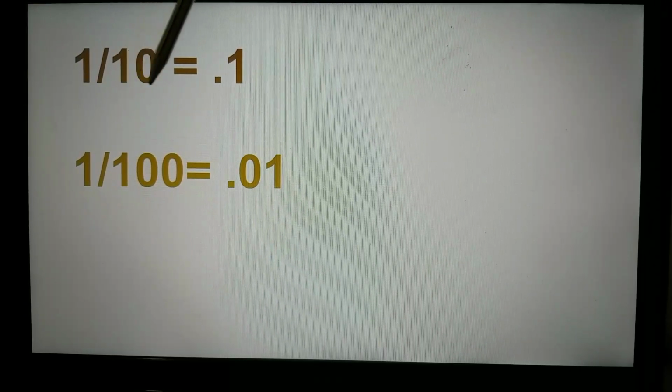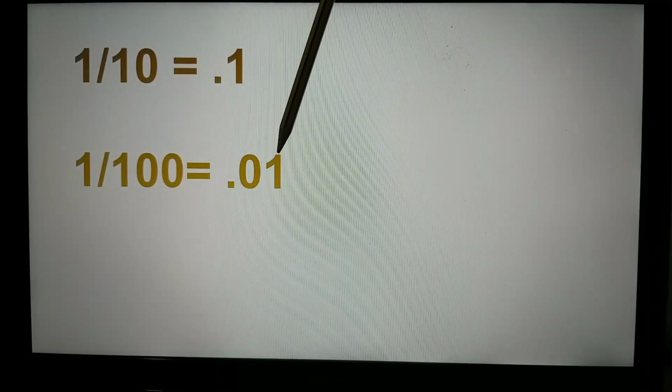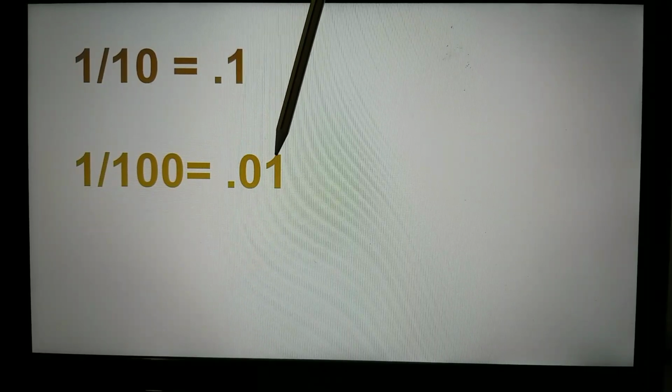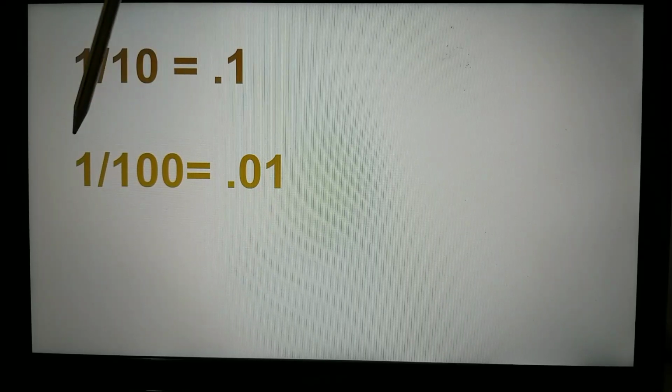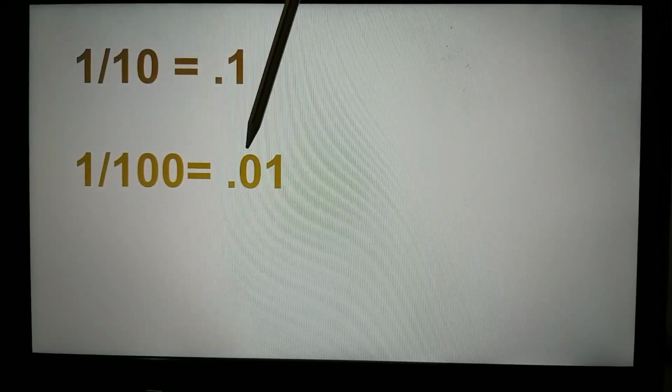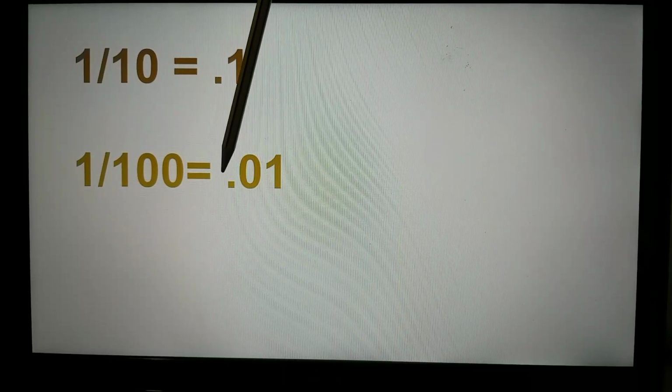In this one there were two zeros in the denominator, so we needed two digits in the numerator to put a decimal. We wanted to count 1 and 2 and then put this decimal. Because there was only one digit in the numerator, we put a 0 to make it 2 and then put a dot, a decimal.